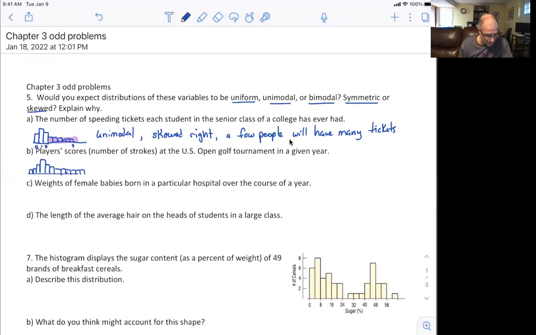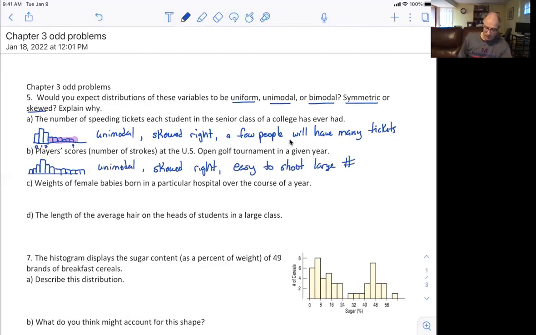So therefore, this is going to be unimodal skewed right as well. Okay. Easy to shoot a large number. And if we don't know how golf is scored, I guess that one probably is a little harder.